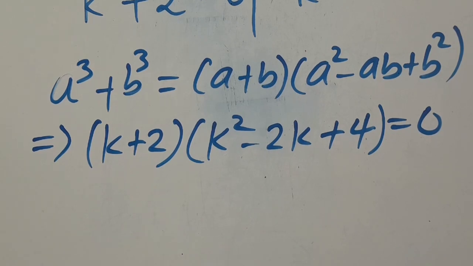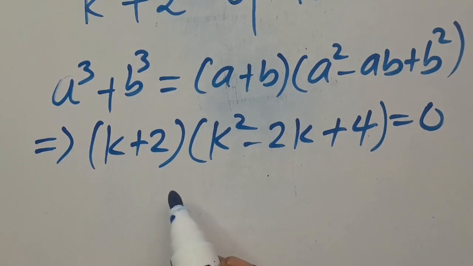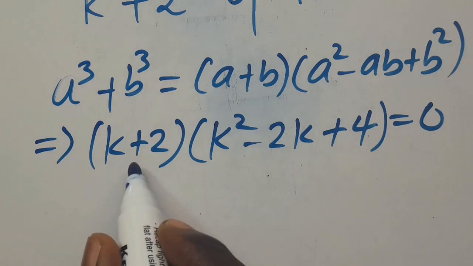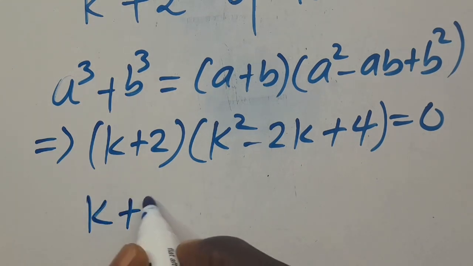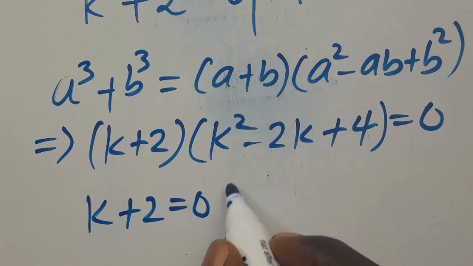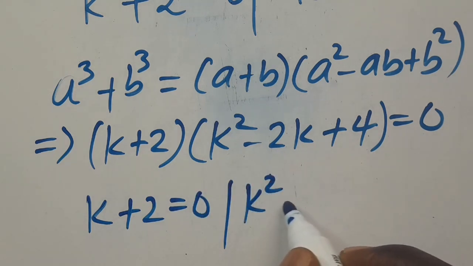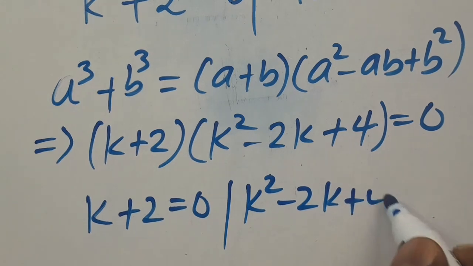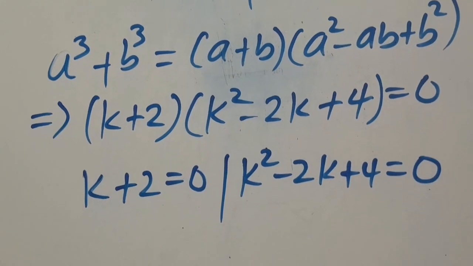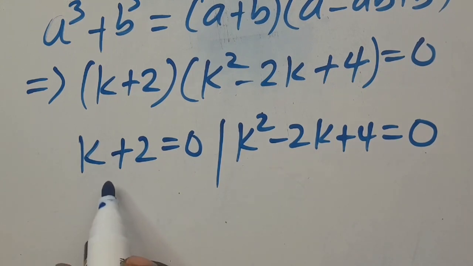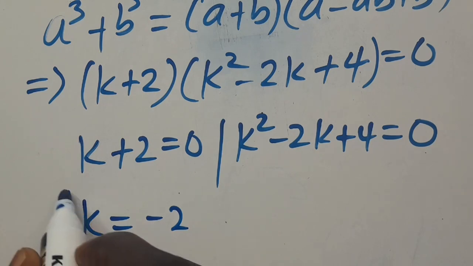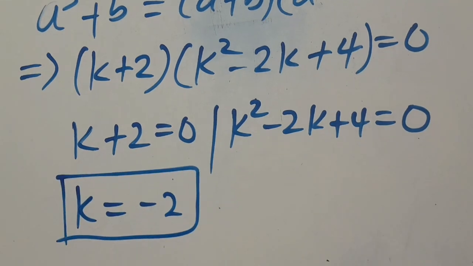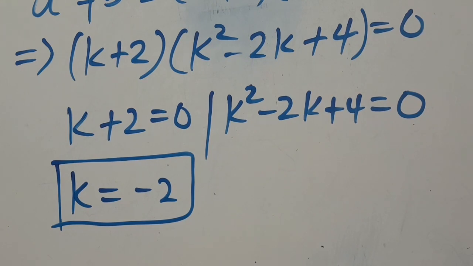What we are trying to say here is that for this expression to be equal to 0, either we have k plus 2 equals 0, or we have k squared minus 2k plus 4 equal to 0. From the first one, we are going to have k equals minus 2, to be the first real solution.